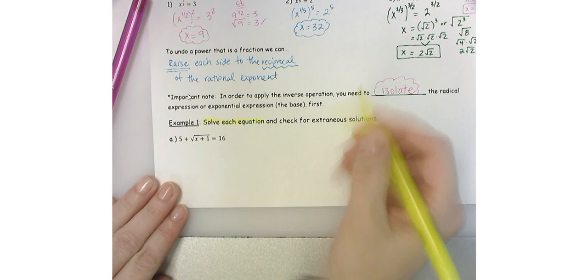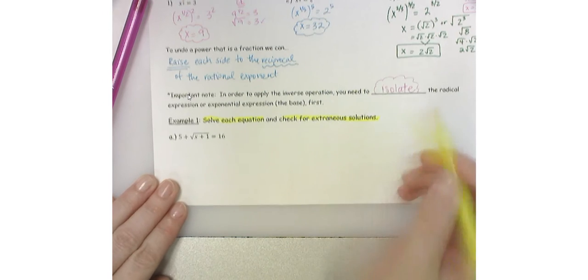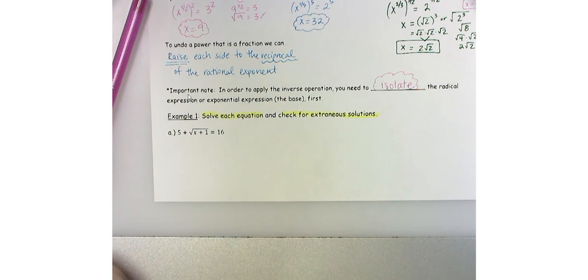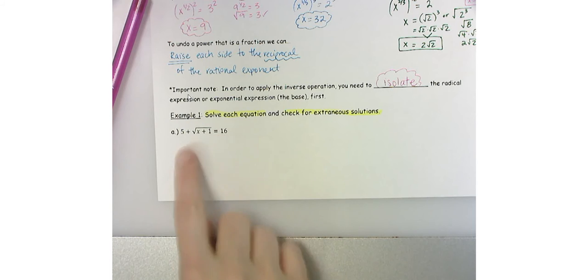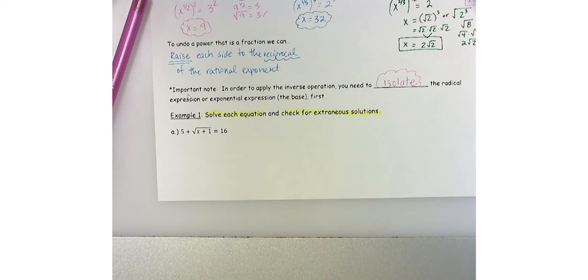Okay, why do you think we are going to have to check for extraneous solutions in these type of cases? What is something that might happen? Okay, yeah, so if you have what kind of radical, what do we have to watch out for? Even roots, right?